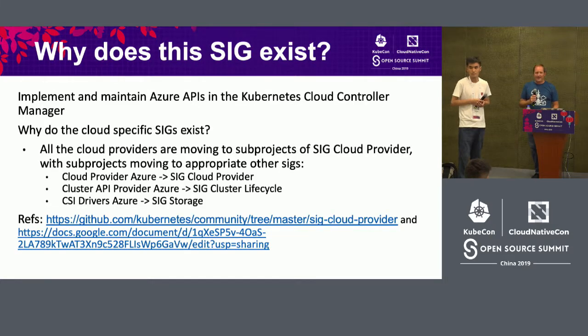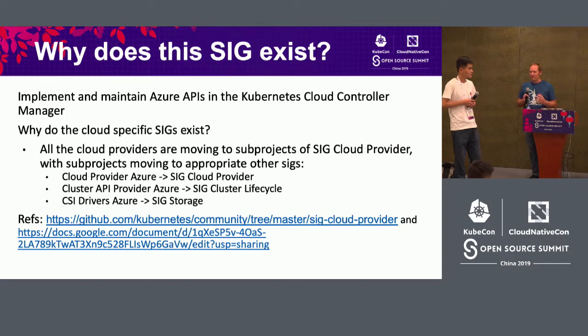So why do we need a special interest group for a specific cloud? That's a really valid question. And the answer is that it is now becoming obsolete to have a special interest group focused on a single cloud. All of the individual cloud providers are now working together under a common special interest group, which is called SIG Cloud Provider.